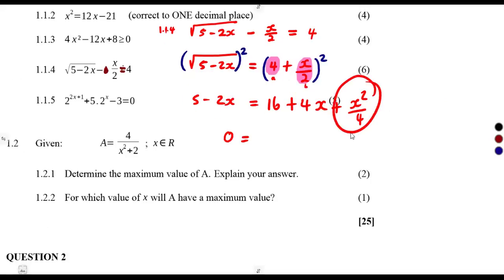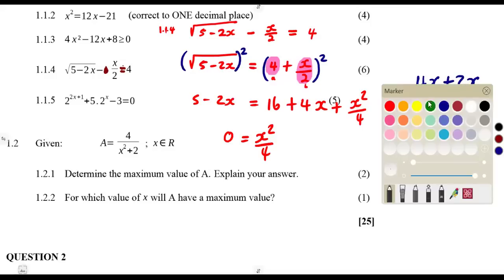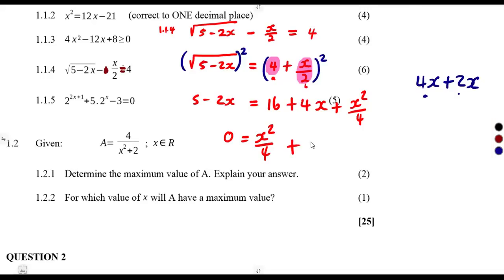So meaning to say we are going to have what? X squared over 4. It's a positive. Let's start with the highest exponent of 2. All right. There is a 4x here on the right side. So if we take the minus 2x to this other side, it will be what? Positive 2x. So that's 4 plus 2, which is what? 6.